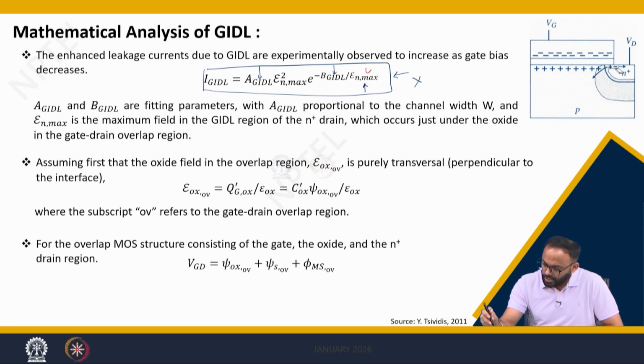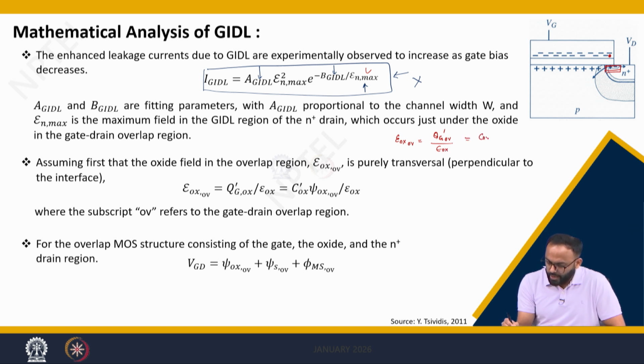Let us consider that this is an overlap region, and we will write a potential balance equation in the overlap region. If I am interested in the electric field here in the overlap region, it is nothing but the charge at the gate in the overlap divided by epsilon Ox, which is nothing but Cox dash into psi Ox overlap divided by epsilon Ox.